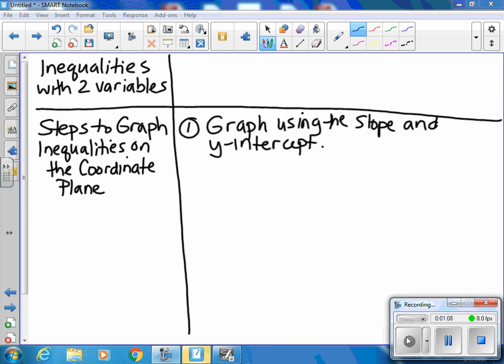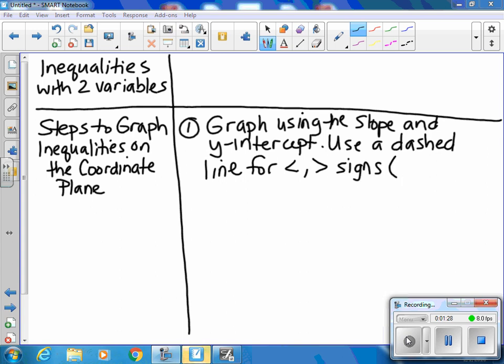And when you go to graph them, you've got your dots and you're ready to connect them, you have to use a dashed line for the signs of less than or greater than. A dashed line looks like this, where there's breaks in it. I have got to be able to see that your line has been dashed, because if you draw it solid, it is wrong. It is very picky on details when it comes to these graphs.